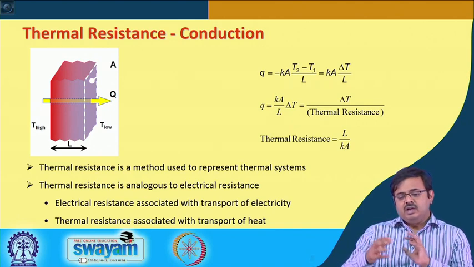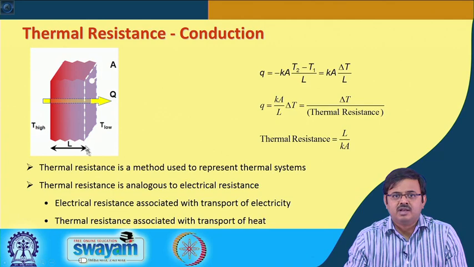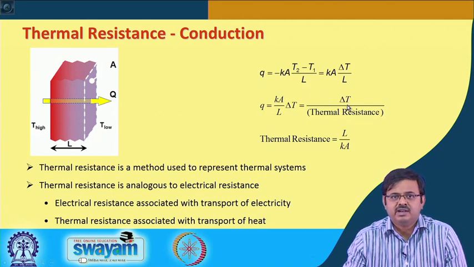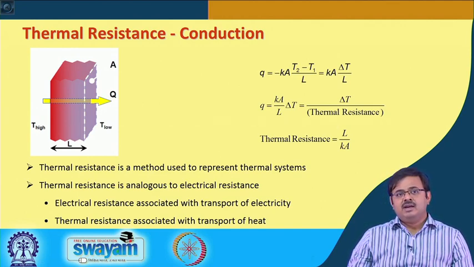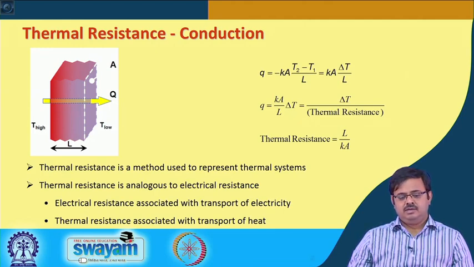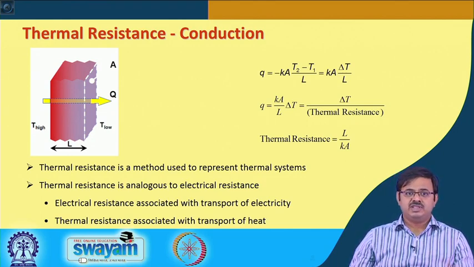If I do some rearranging of the terms, I can write Q is delta T divided by L over K A, and the L over K A we will call the conduction resistance. This is an extremely important concept and a tool. We will see that in the next slide.